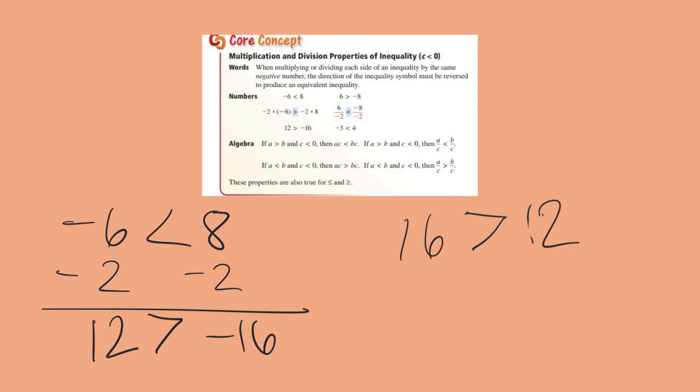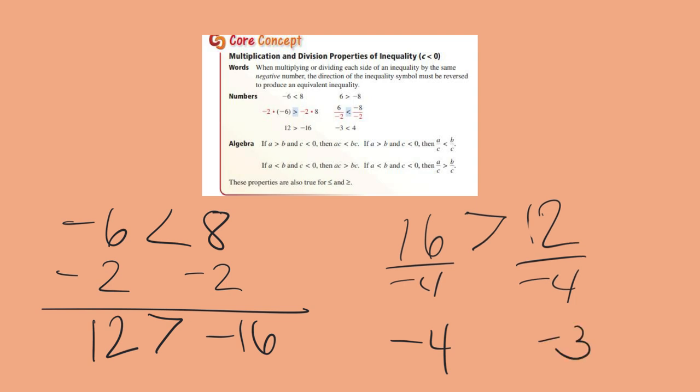Let's divide by a negative number on both sides. Give me a negative number that we could divide on both sides. Yes, negative 4. If we use negative 4 on both sides, what is 16 divided by negative 4? Negative 4. And what is 12 divided by negative 4? Negative 3.